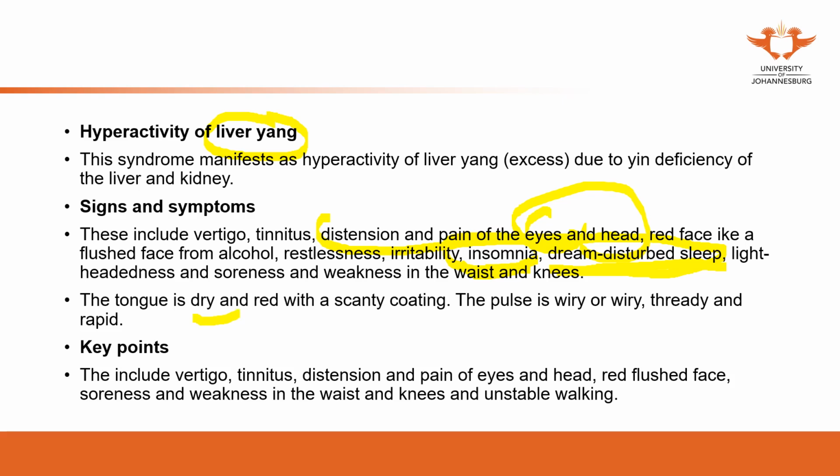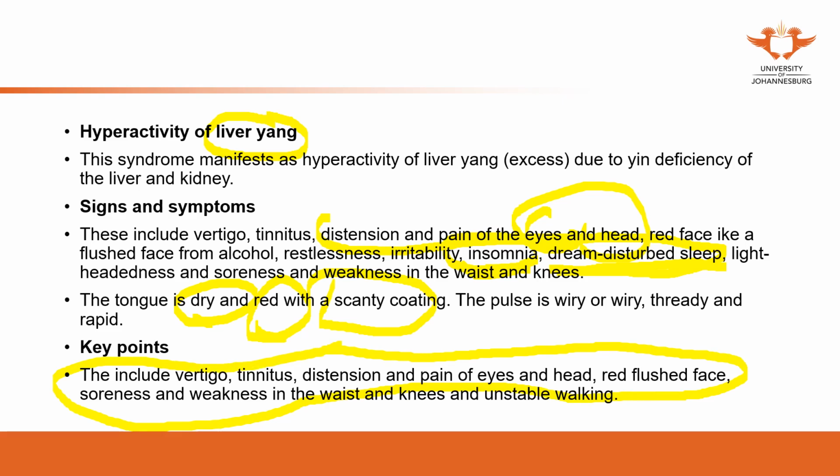The tongue is dry because of the heat, red because yin deficiency causes deficiency heat, with scanty coating because of yin deficiency. So the key manifestations: the patient may have all these manifestations due to the liver and kidney, and then soreness and weakness in the waist.